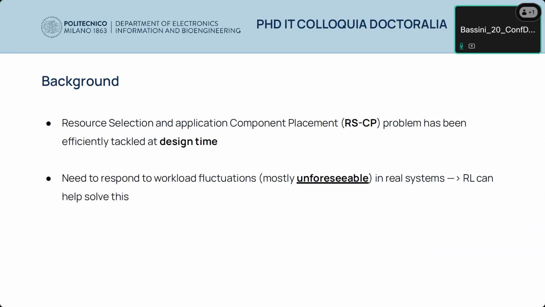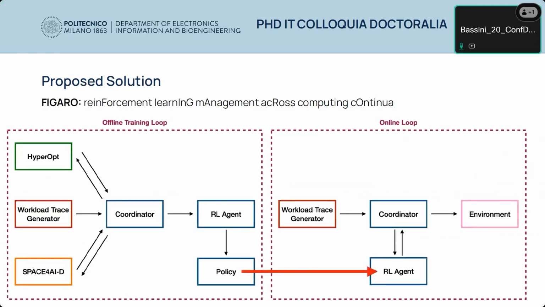But the thing is that we need to be able to respond to fluctuations that are mostly unforeseeable in real systems. For example, in the demand of a specific AI application component, or in the fact that a VM might not be reachable at a certain point in time for whatever reason. This is why reinforcement learning comes into play and can actually help efficiently tackle this problem at runtime.